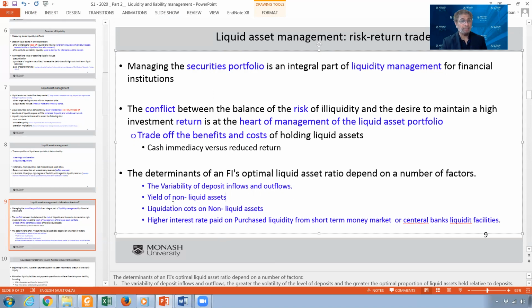Then the yield on non-liquid assets. If the yield is very high for the long term, you will just go and invest, and at the same time manage to get short-term liabilities if you need liquidity.